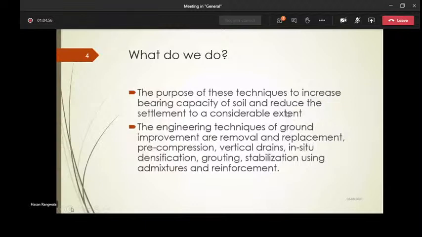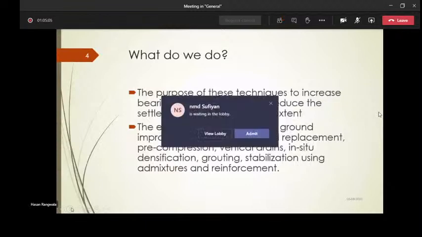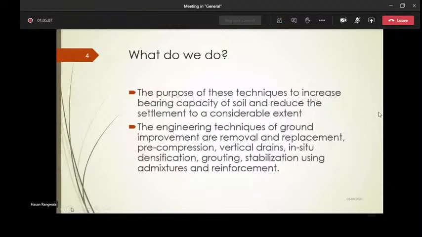Now, for getting this bearing capacity increase or reducing the settlement, we use different engineering techniques, from simple ones like removal and replacement of the soil, which was quite an early technique.